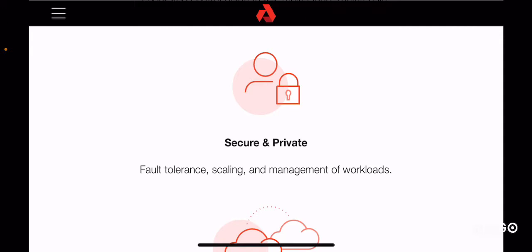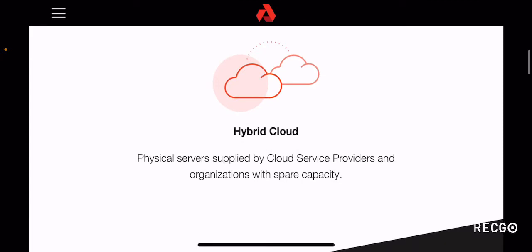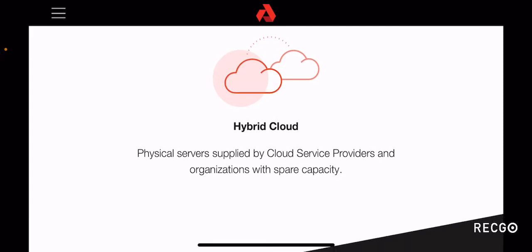And you can obviously have high scalability, which helps in the management of workloads, especially with low transaction costs and high transaction speeds. So hybrid cloud, physical servers supplied by cloud service providers and organizations with spare capacity.